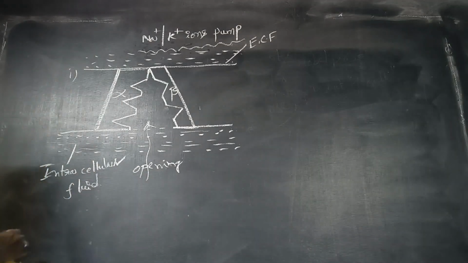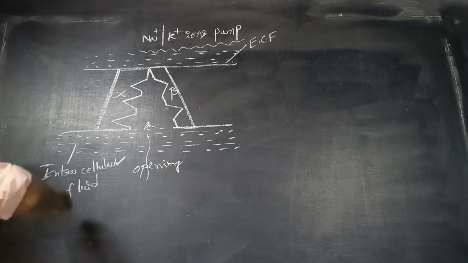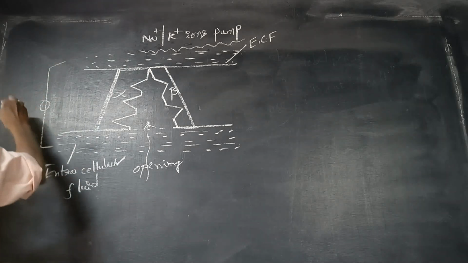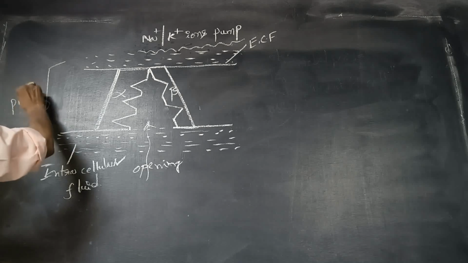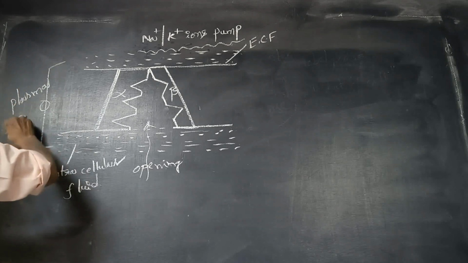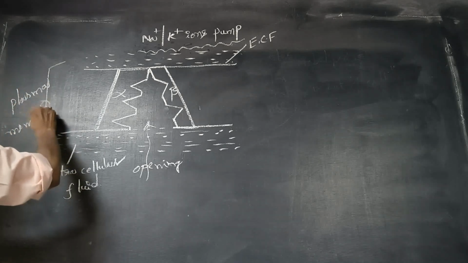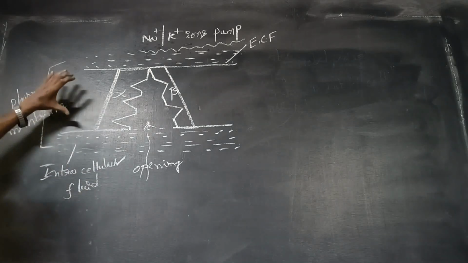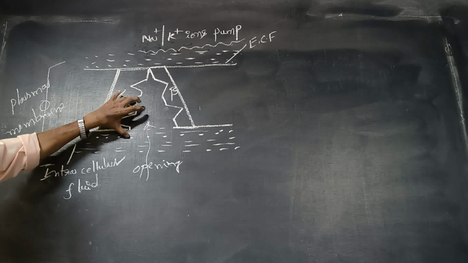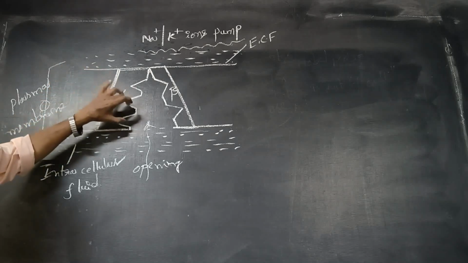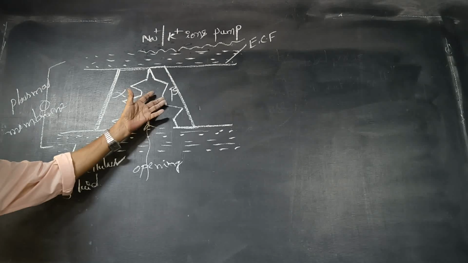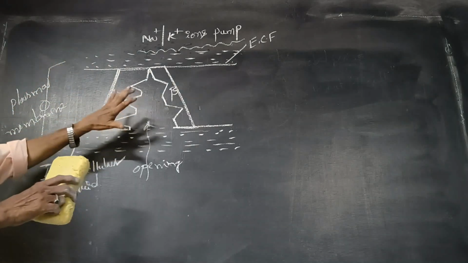So this total constitutes the plasma membrane. It is a plasma membrane. So in this we have the sodium potassium ATPase enzyme in the membrane itself.